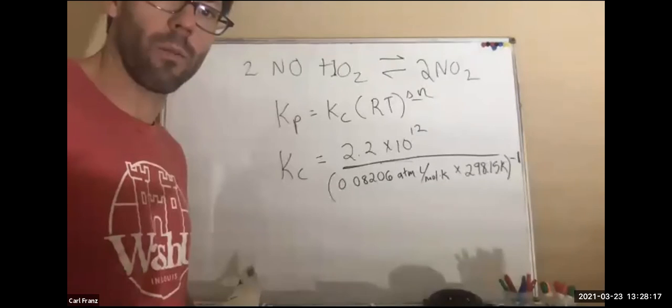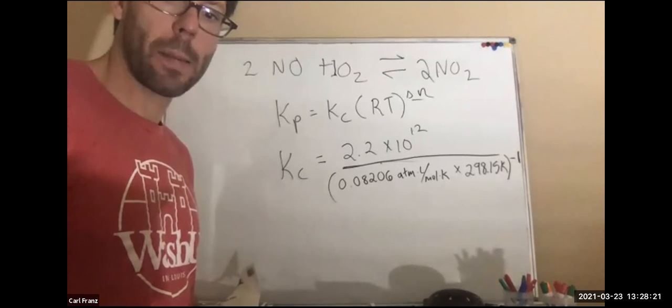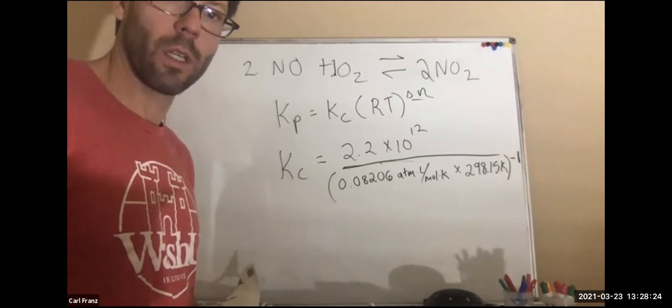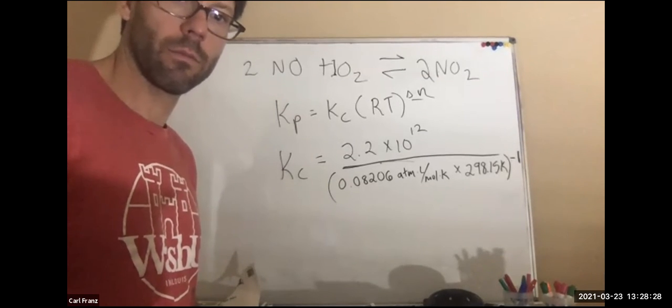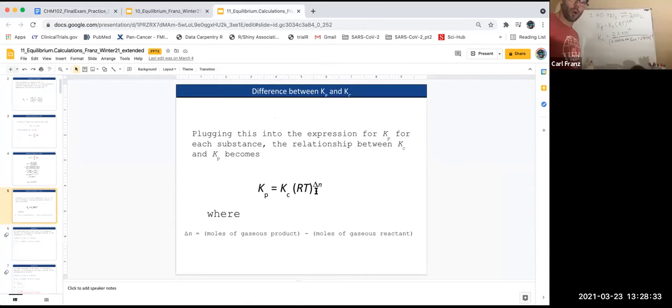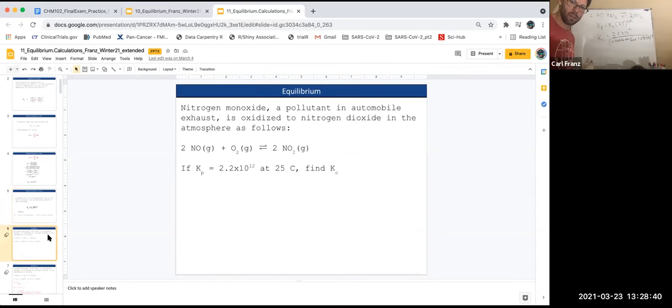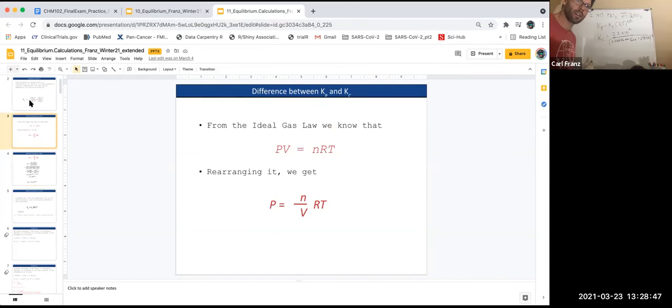-1 came from, let me just, oops, sorry. Let me share my screen. So -1 is the delta n. And where do we have that in here? Slide deck.